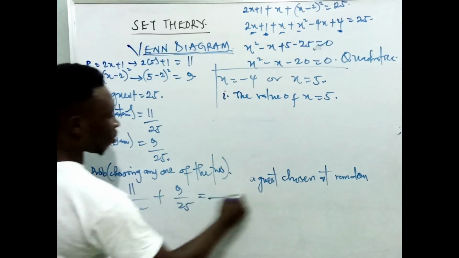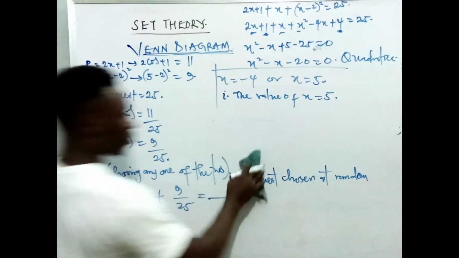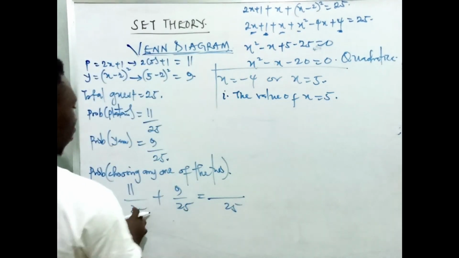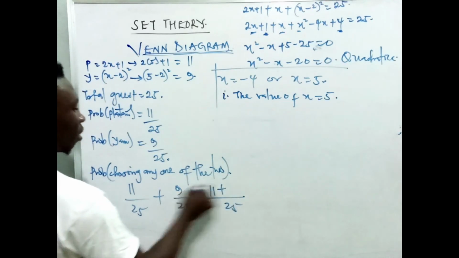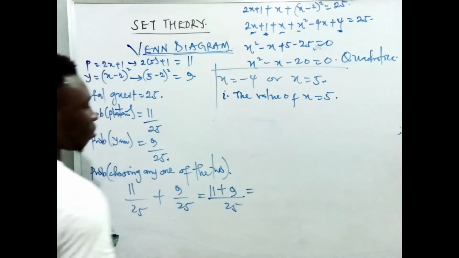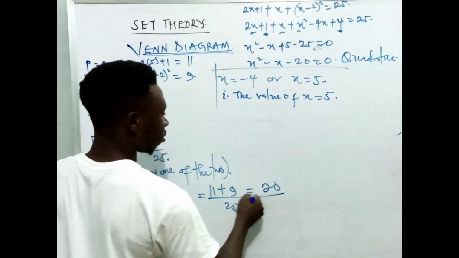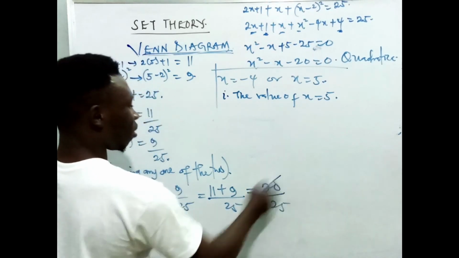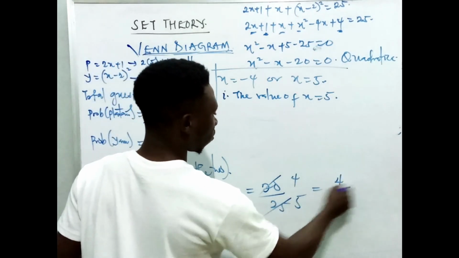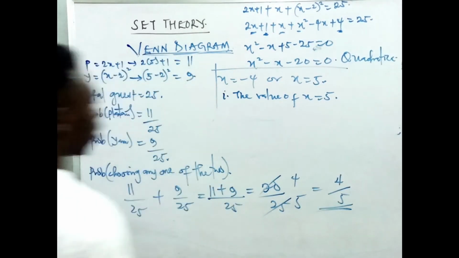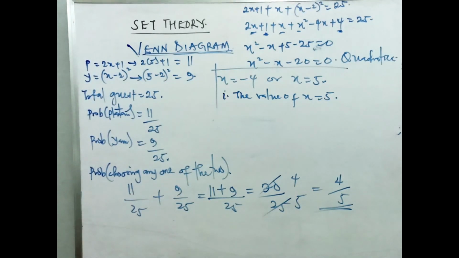Here our LCM is 25. So 25 divided by 25, 1 times 11 plus 25 divided by 25, 1 times 9, that equals 11 plus 9, that equals 20 over 25. So 5 here, 4, 5 here, 5. That is equal to 4 over 5. So the probability of choosing any one is equal to 4 over 5.